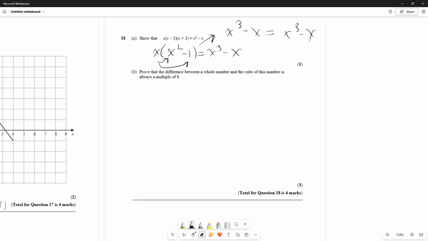And now we have b. Prove that the difference between a whole number and the cube of this number is always a multiple of 6. Okay.